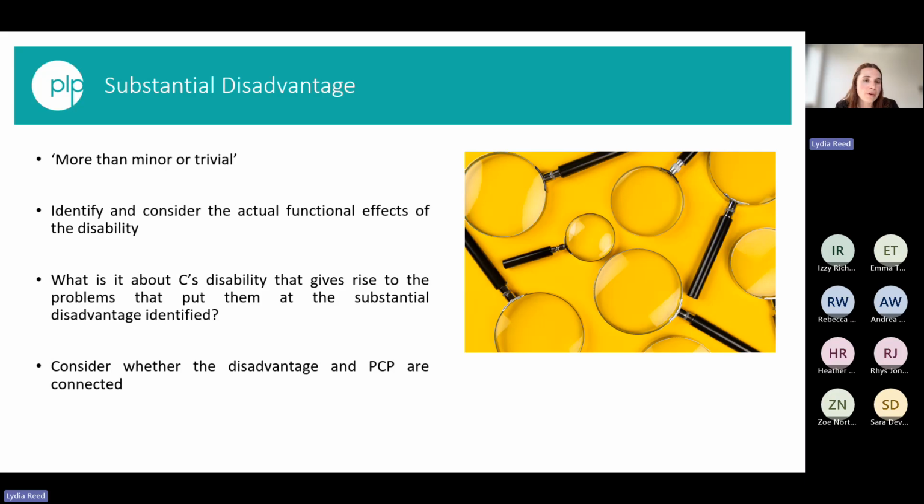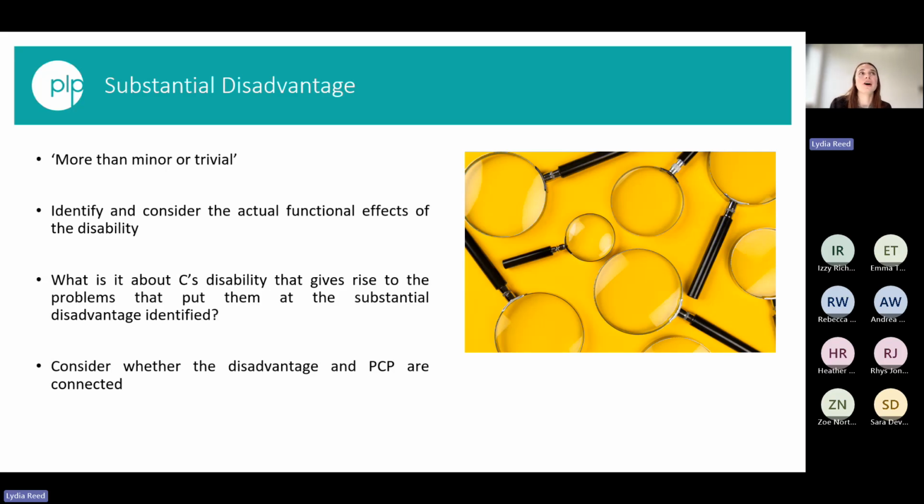When looking at both the substantial disadvantage and the PCP in tandem, the question really is whether the claimant has suffered disadvantage in light of that particular PCP.